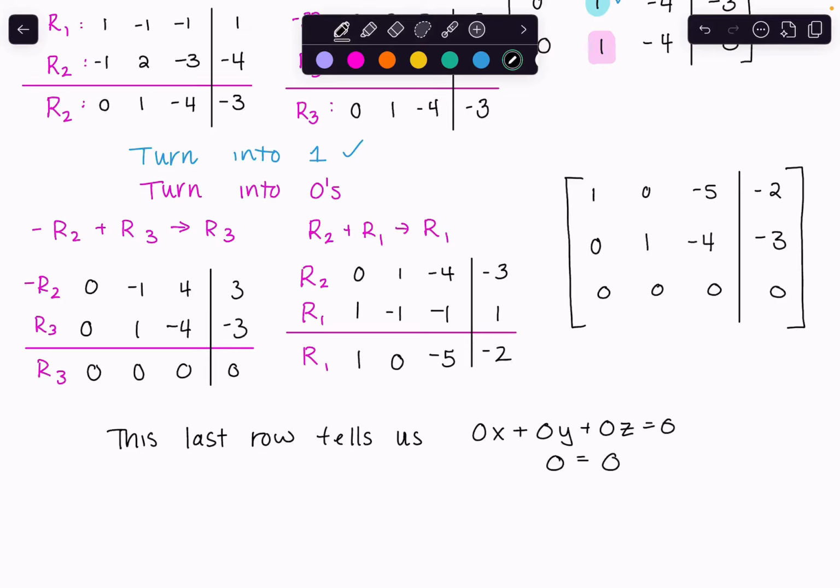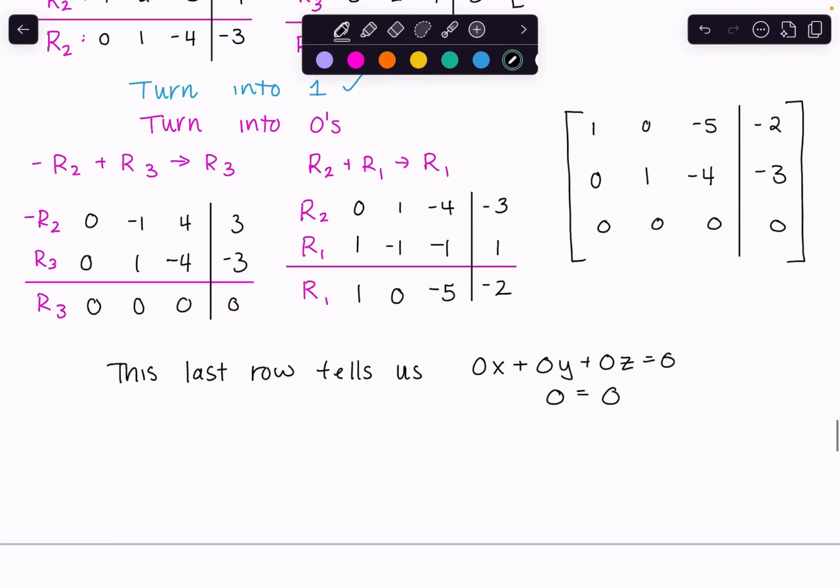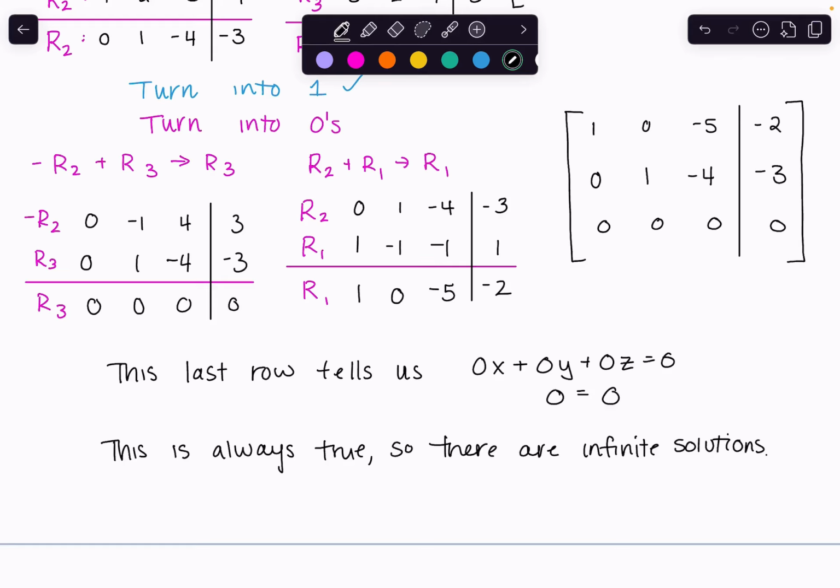So remember, when you ended up with something that was always true, there are an infinite number of solutions. So this is called a dependent system.